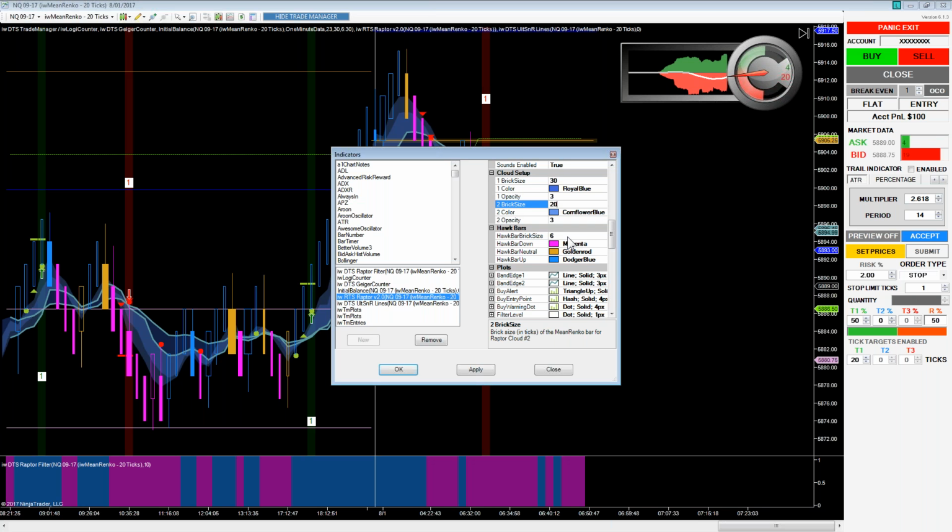And then the hawk is also like 3/4 of what the normal brick size is, right? 6 out of 8 would be 3/4. So here, 15 out of 20 would be 3/4.